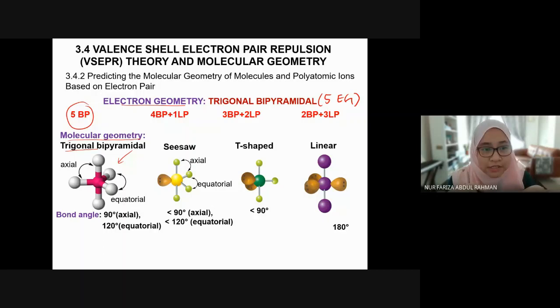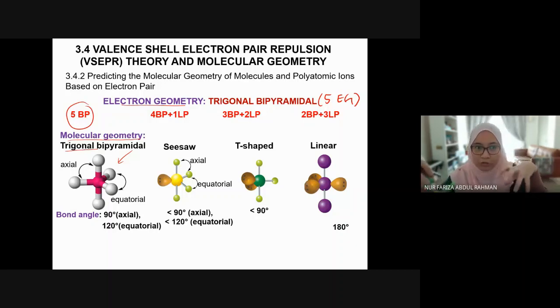Because it consists of two bond angles, guys, it becomes more crowded. Trigonal bipyramidal means we have 1 extra atom, not a lone pair, 1 extra electron group compared to tetrahedral.